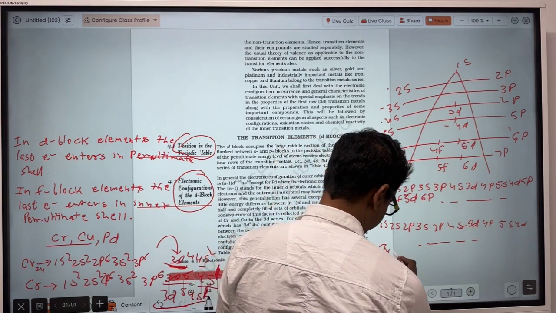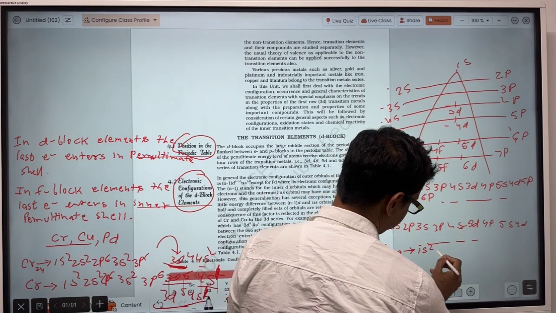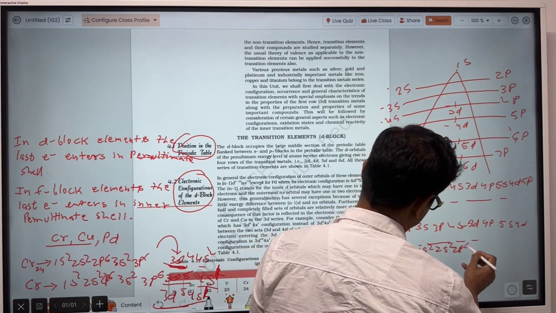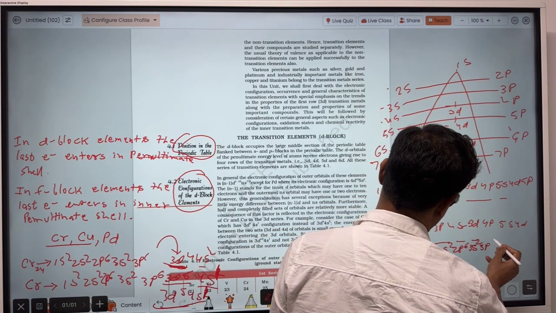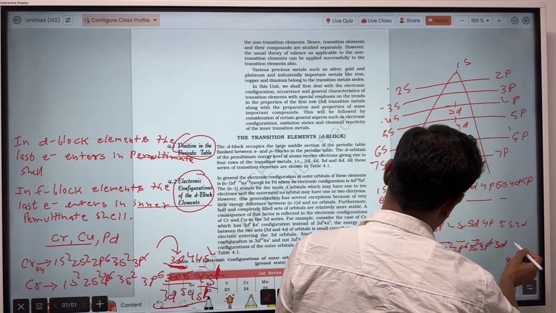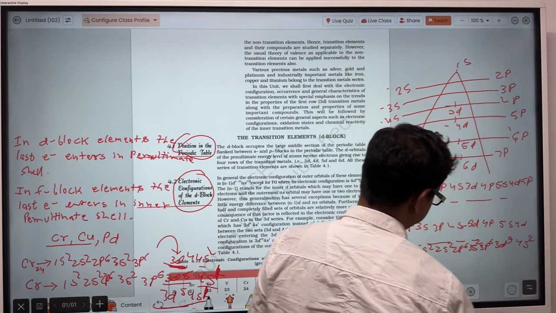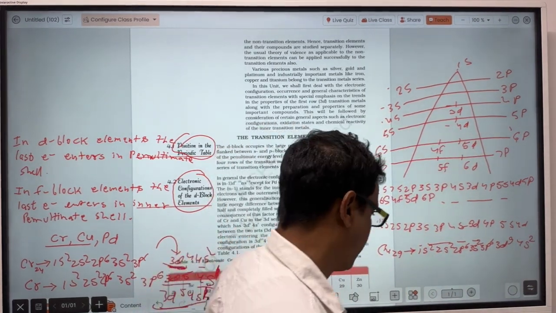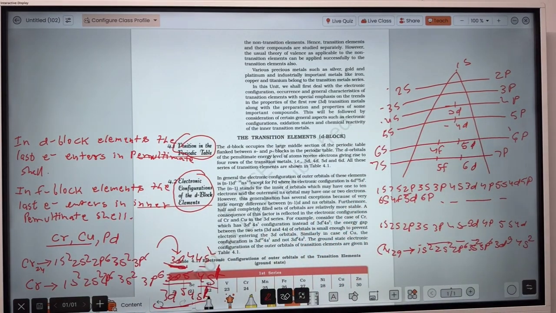The atomic number of copper is 29. So the electronic configuration would be this, but that will not be the electronic configuration of copper, because if one electron from 4s enters the 3d, then the 3d orbital will become fully filled, which will provide extra stability to the copper atom.